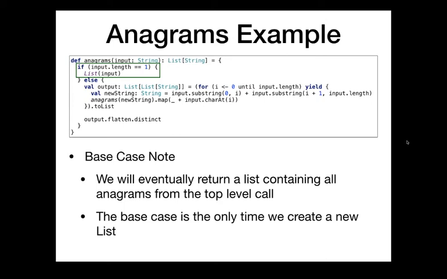So in the base case, this is the only time where we actually create a new list that we're going to start adding to as we start building more and more anagrams. In the other example, the base case was the only time where we actually initialized an integer, and then beyond that, we're adding to that one integer that we initialized in the base case.